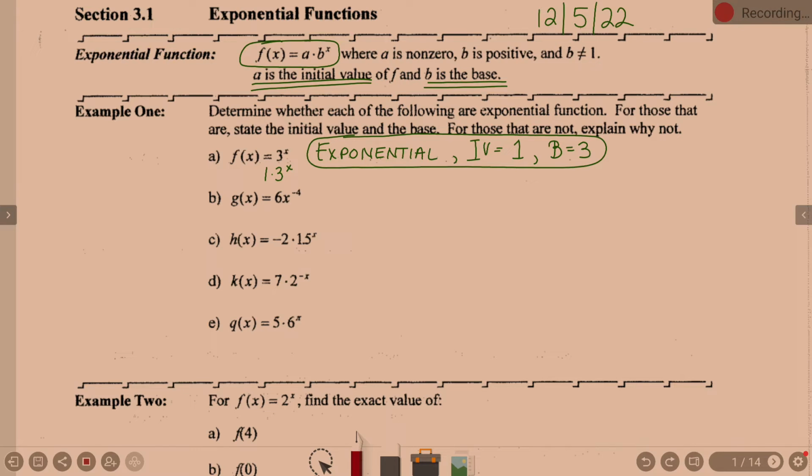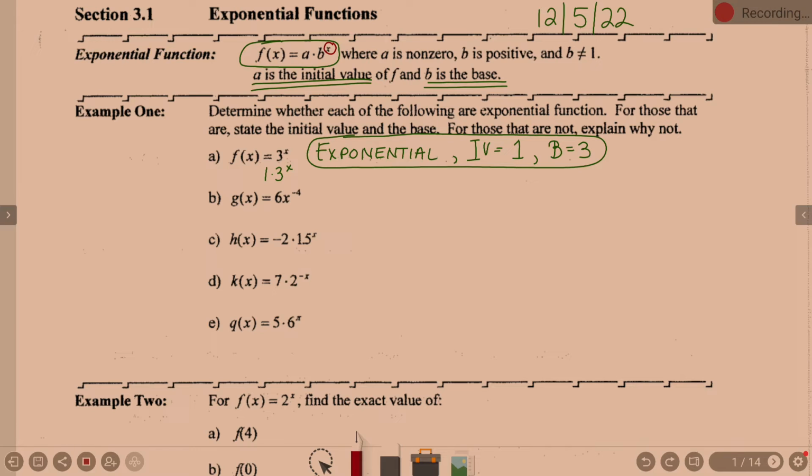This is exponential functions. What's in the exponent? X, your variable. So in example B, where's our x? It's not an exponent, right? It's in the position of base. So not exponential because x is not the exponent.